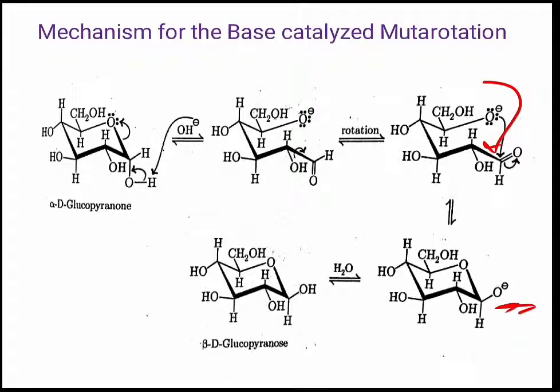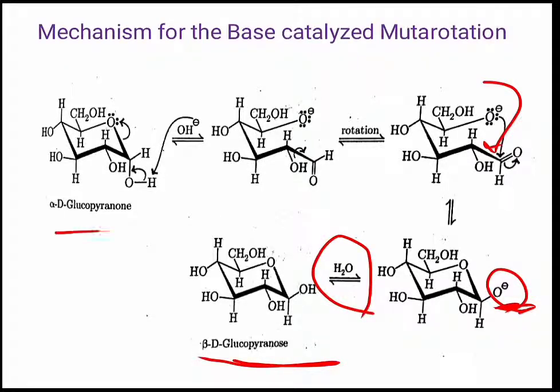Actually it is in the basic condition, that's why this will form O minus, not OH. And after the protonation, or if you add some water, this O minus will take a proton from here, and then you will get the beta-D-glucopyranose structure. So again alpha to beta in case of base catalyzed mutarotation.